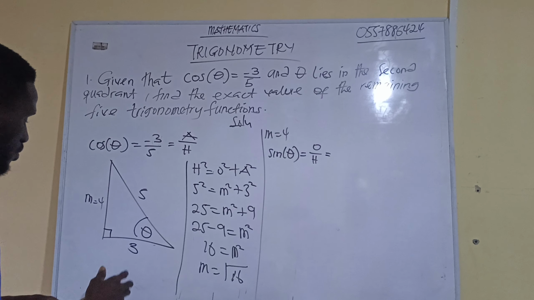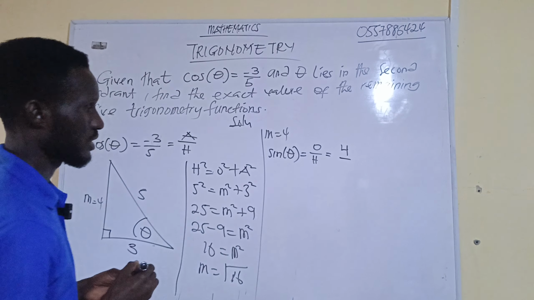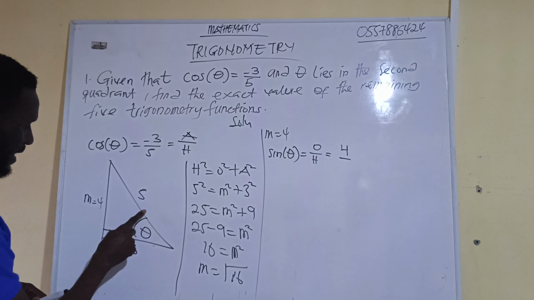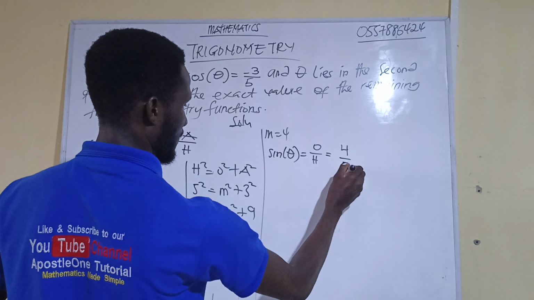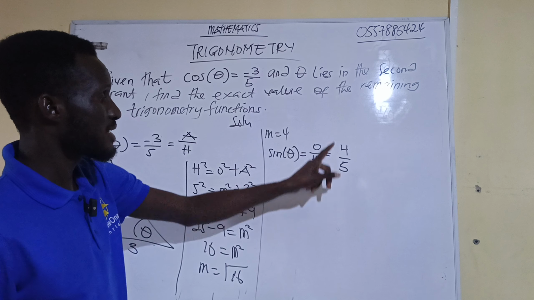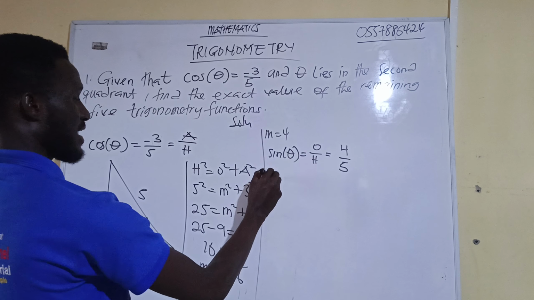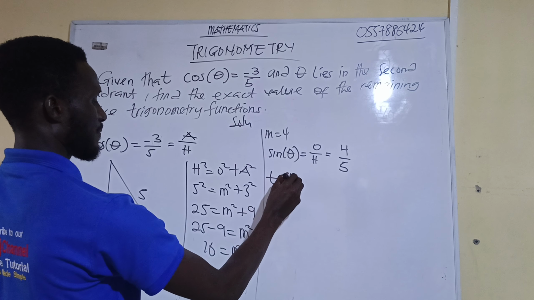The opposite here is 4, over the hypotenuse, which is 5. Since it is in the second quadrant, the sine is supposed to be positive. So this is the answer. Now, let's move on to tan theta.